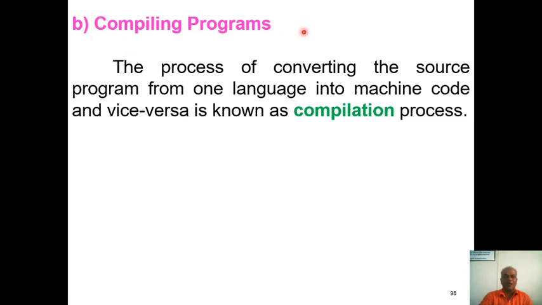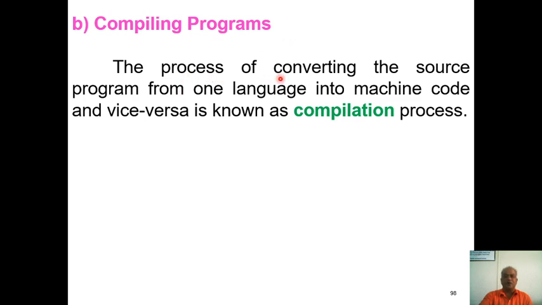After writing the program using a text editor, it needs to be compiled. Why? Because the source program is in a high level language. In order to be executed by the system, it first needs to be converted into an object file. That process is known as the compiling process.